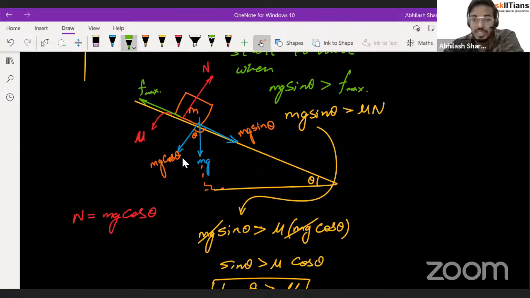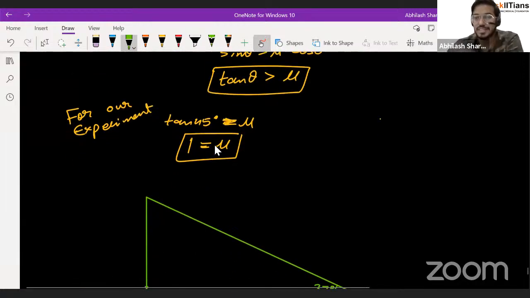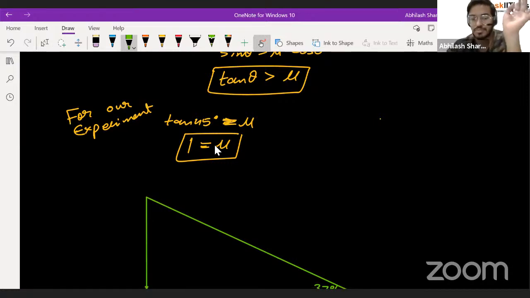Well, cos of 60 may be half, but sine of 60 would be root 3 by 2. And if we take 45, both will be 1 by root 2. So with all these standard angles, at least either sine or cos will always be irrational. Both of them cannot be rational.